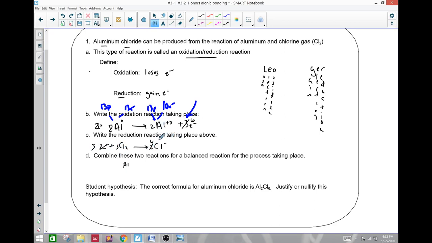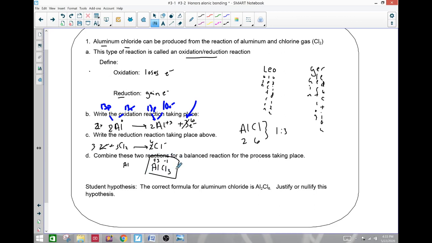So I'm getting a ratio of aluminum to chlorine of 2 to 6. That simplified in the empirical form would be just a 1 to 3 ratio, which is what we get in aluminum chloride. Again, that's the long way of doing it. You should probably be aware that you could charge balance this to get the same answer.